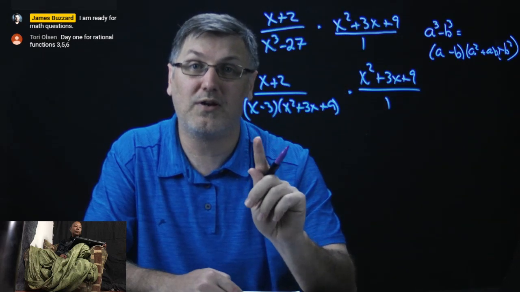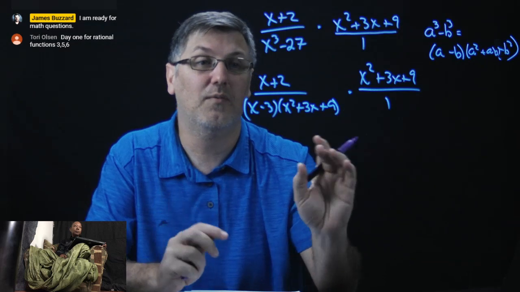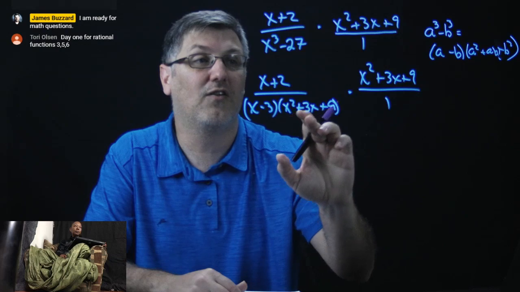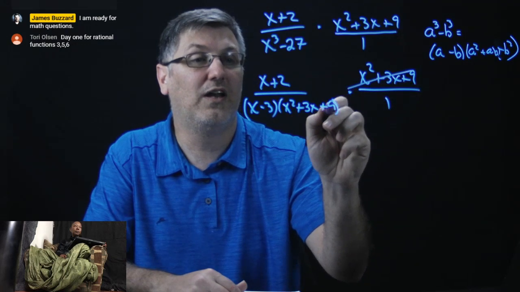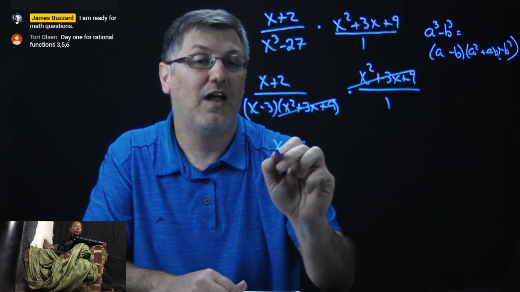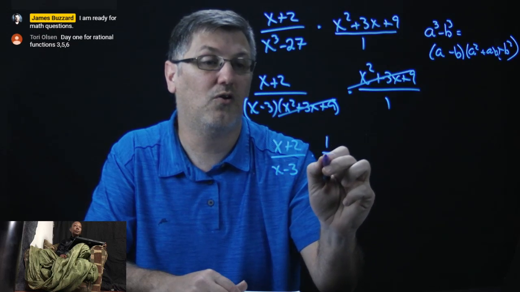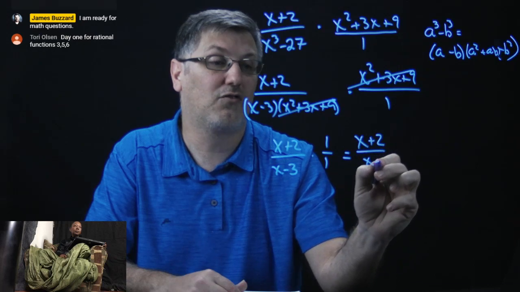But when we multiply, we're allowed to cancel in the diagonal. So I have an x squared and a 1, nothing cancels there. But I have x minus 3 times x squared plus 3x plus 9, and along the diagonal, it's x squared plus 3x plus 9. This whole thing cancels, and this simplifies down to just x plus 2 over x minus 3 times 1 over 1. So my final answer would be x plus 2 over x minus 3.